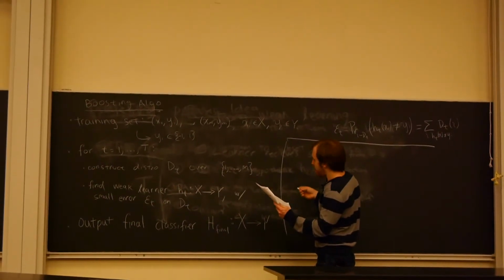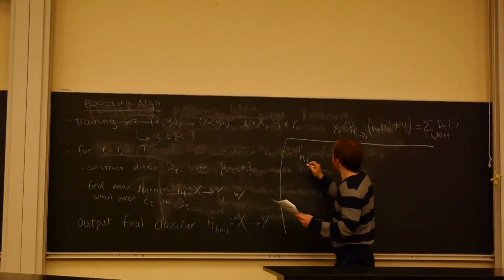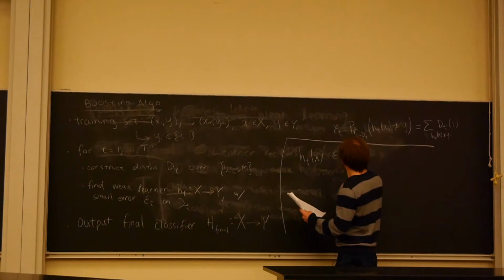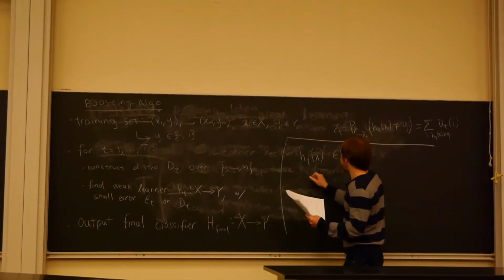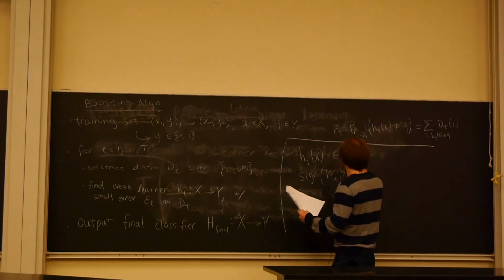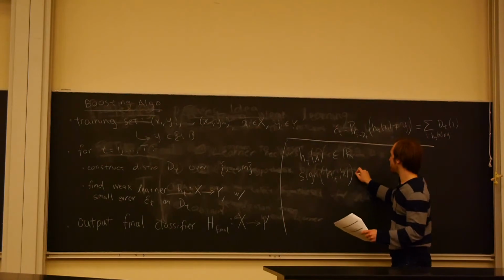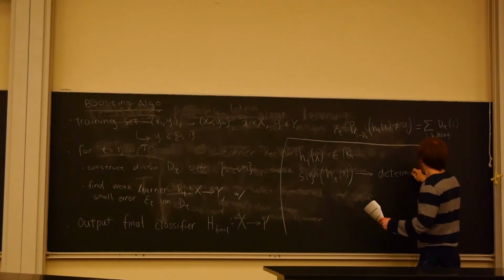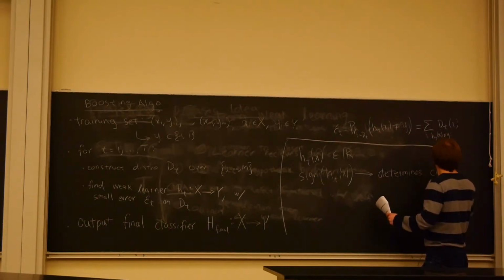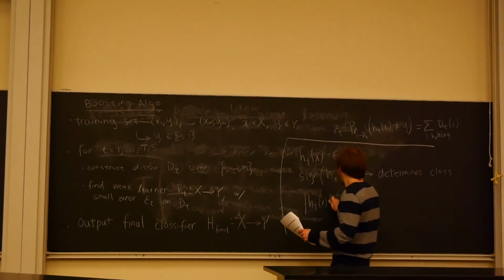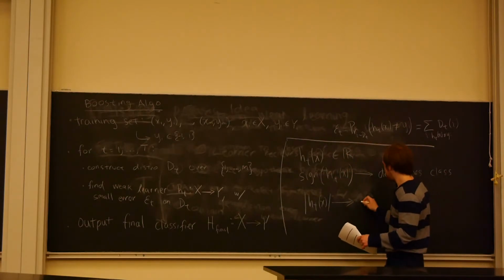In this extension, essentially what you can get is a hypothesis h sub t of x that, instead of being either 1 or -1, is in R, where the sign of h sub t of x determines the classification, and the magnitude of h sub t of x determines the confidence of the prediction.